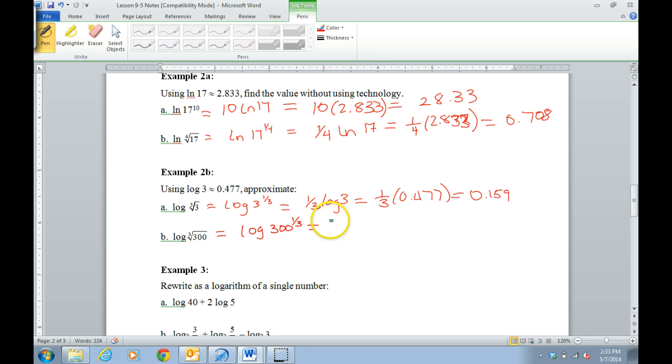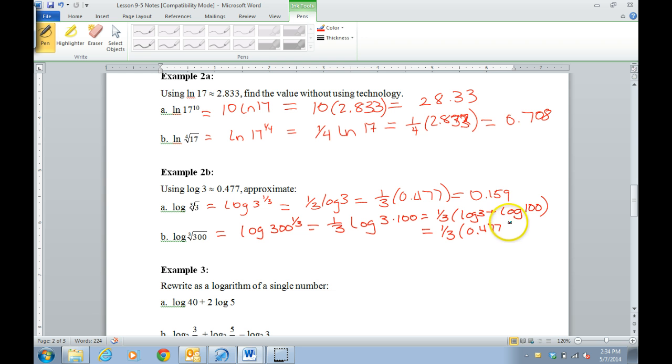Okay, and then this one is going to be 1/3 log of 300. But I can say log of 300 is the same as saying 3 times 100, can I not? Okay, so that'd be 1/3 of log 3 plus log 100. So this will be the same as saying 1/3 of 0.477 plus log of 100.